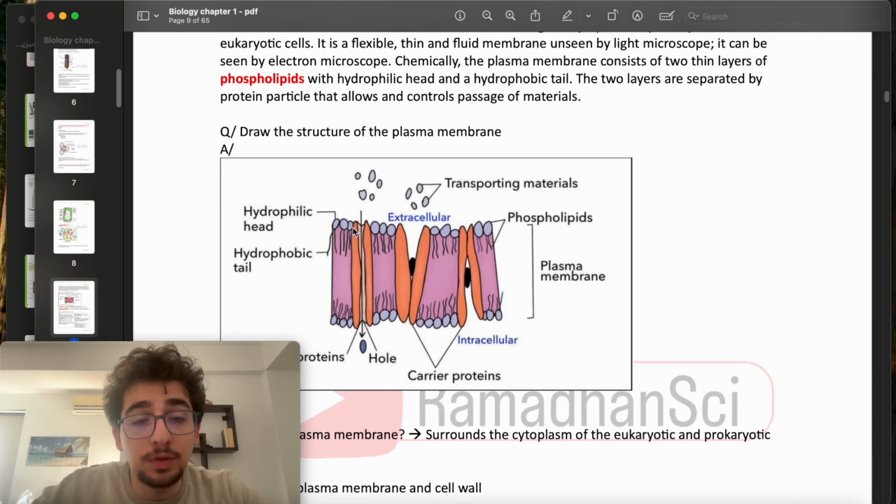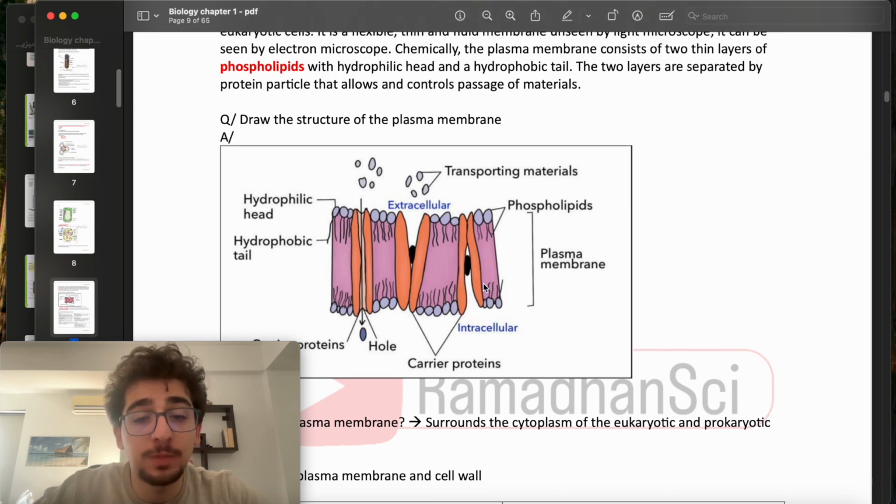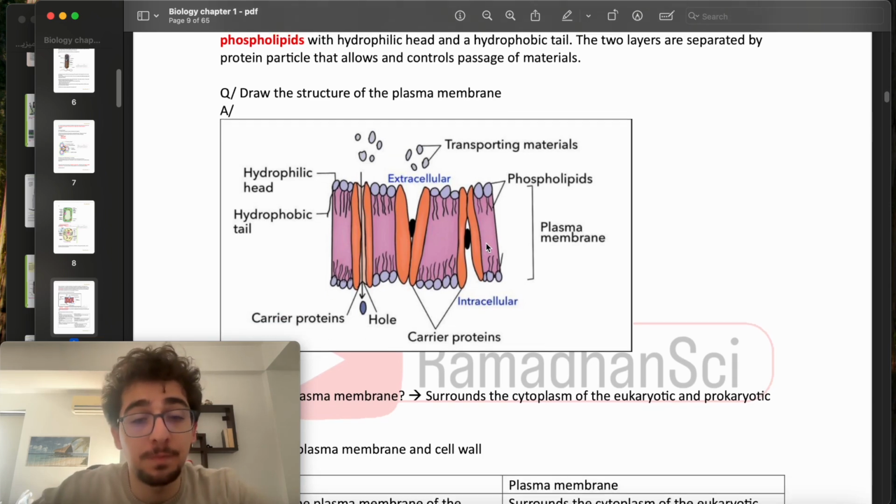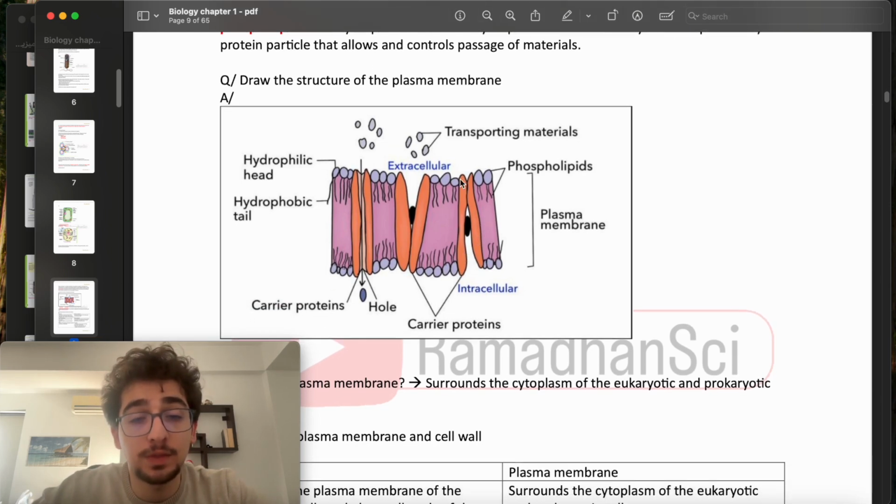Between those phospholipid layers, we have protein particles. The function of those proteins, they control the movement of material, okay? They control the passage of materials. I will try to give you the big picture here as to why this is controlling the passage of materials.